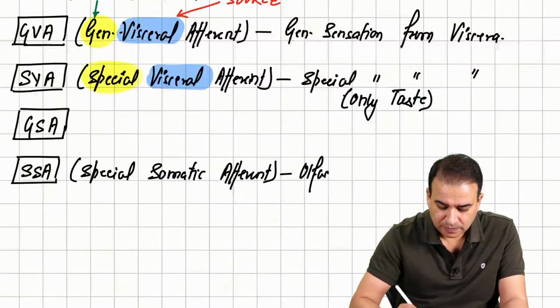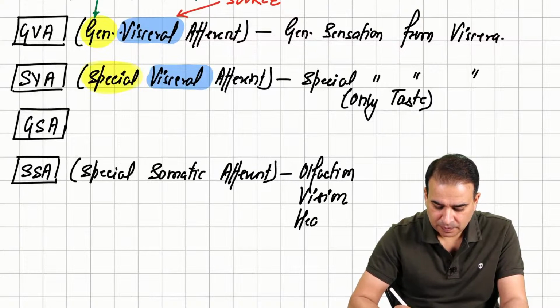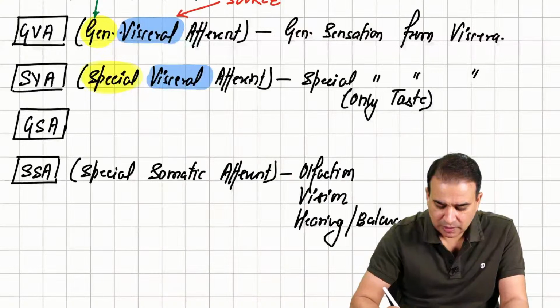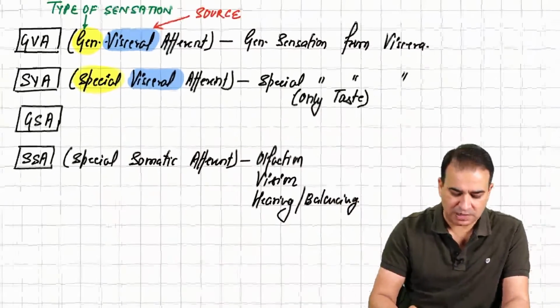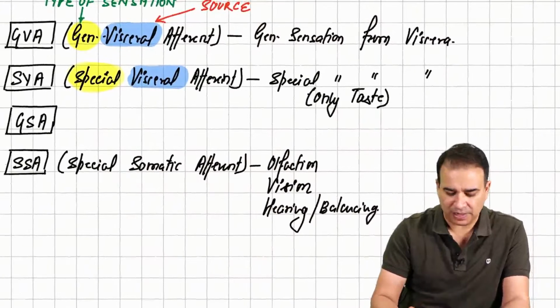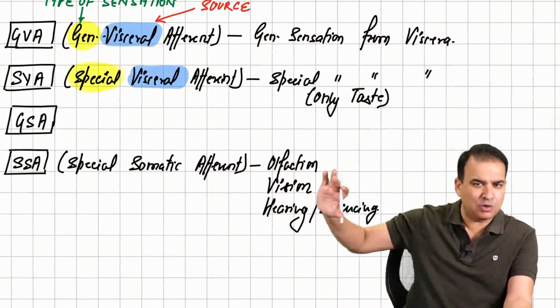Olfaction, vision, hearing and balancing. Olfaction, vision, hearing and balancing, guys, they all come under the SSA column. Okay, let's keep this column on hold for a second.